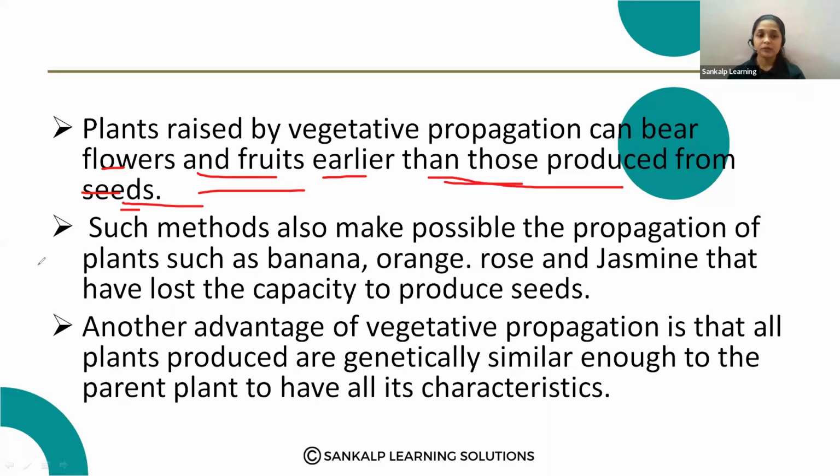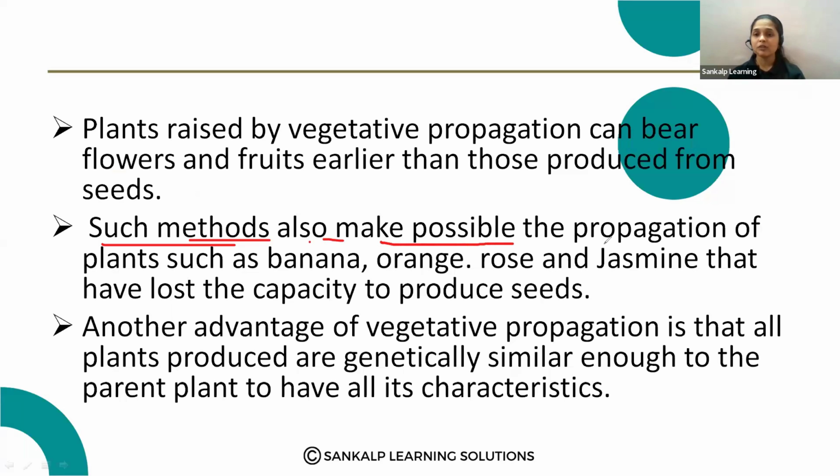And the second advantage of vegetative reproduction is that such methods also make possible the propagation of plants such as banana, orange, rose and jasmine that have lost the capacity to produce seeds. You know that rose or banana and some jasmine will not produce seeds, right?